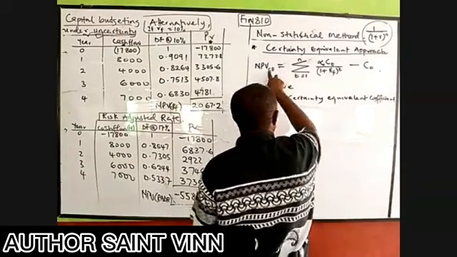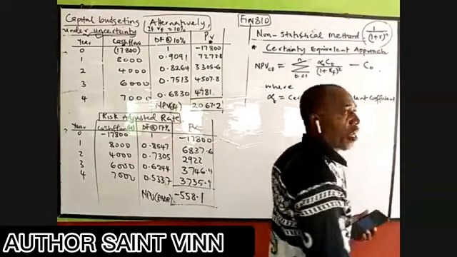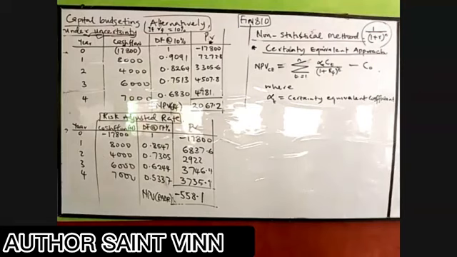RF, certainty equivalent, so that you know it's not just ordinary NPV. So it's NPV related to the certainty equivalent approach.